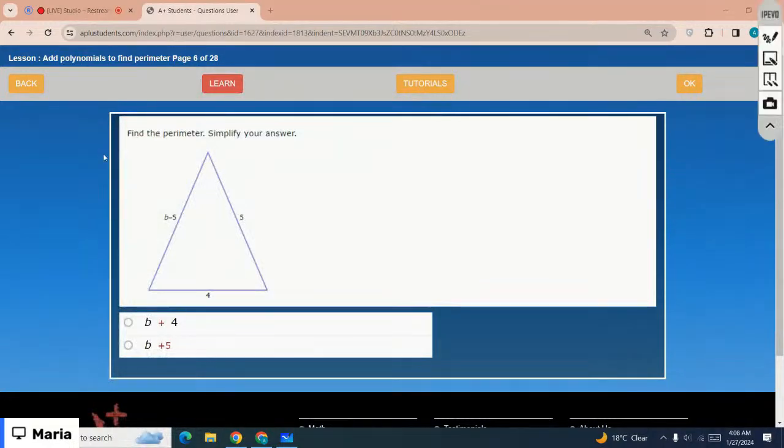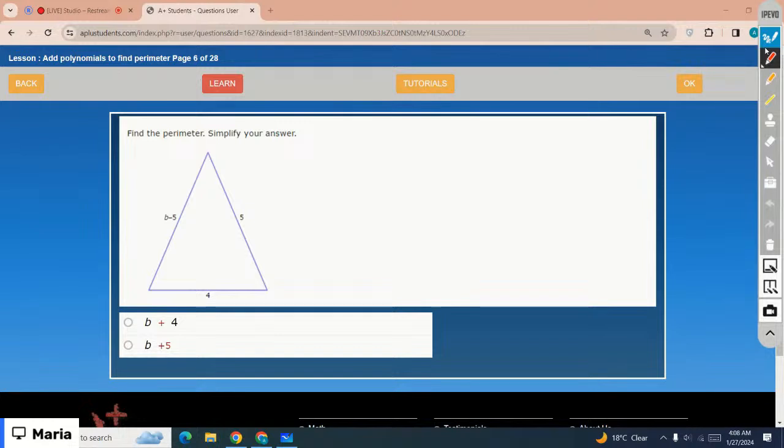Okay, you have b minus 5 plus 5 and plus 4. So minus 5 and plus 5 makes 0, isn't it? You need to add side lengths: b minus 5, then plus 5, then plus 4. You are left with just b plus 4, isn't it? The correct option is b plus 4, option number 1.